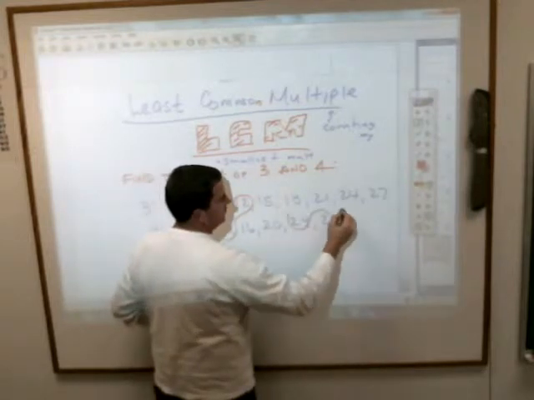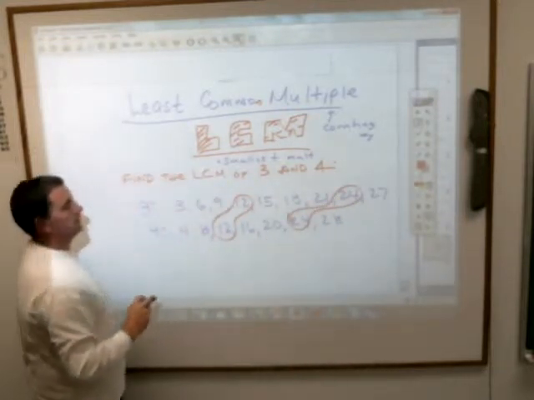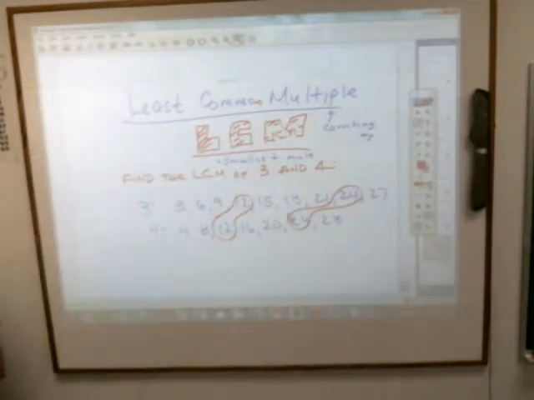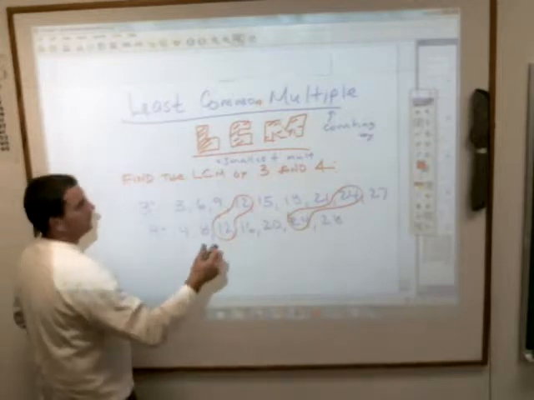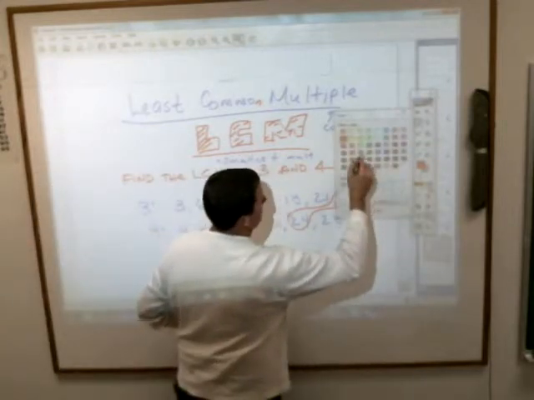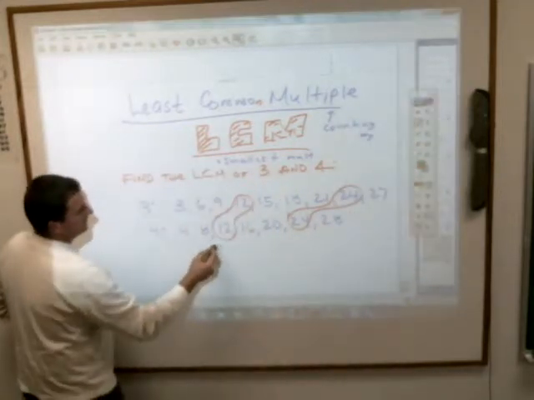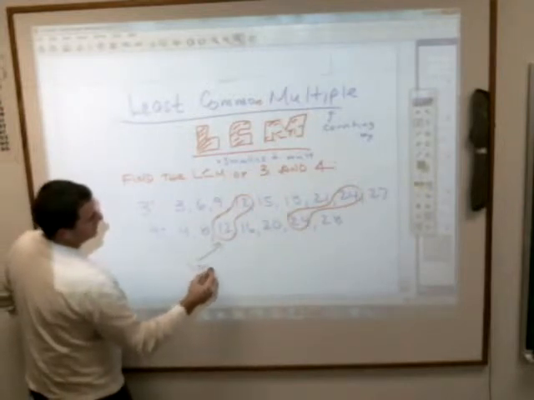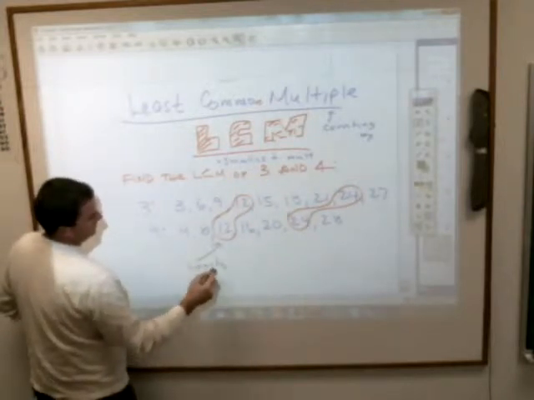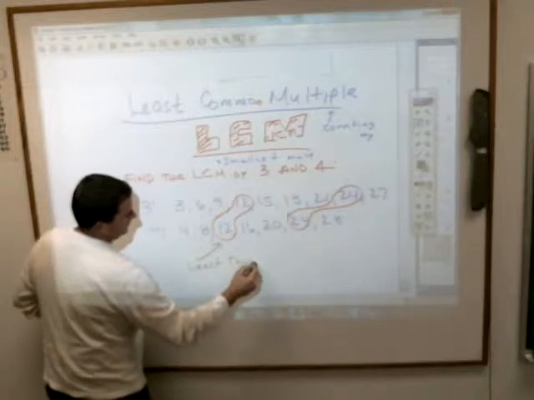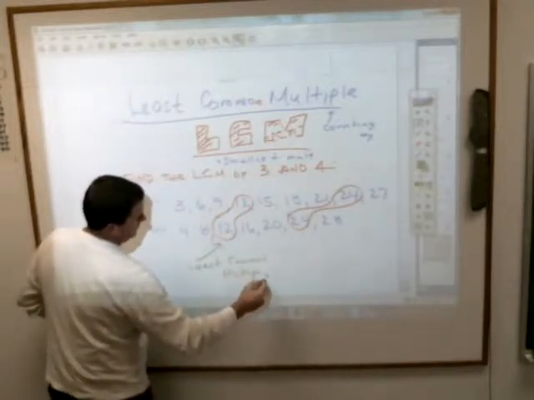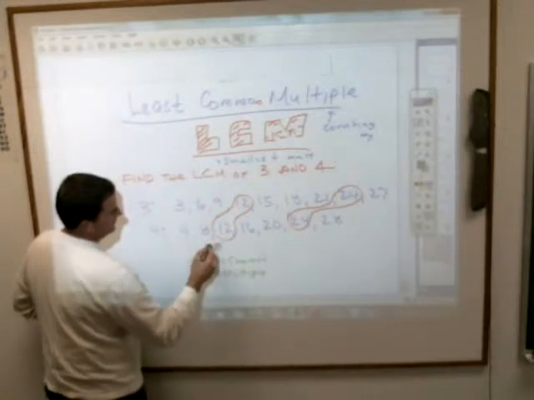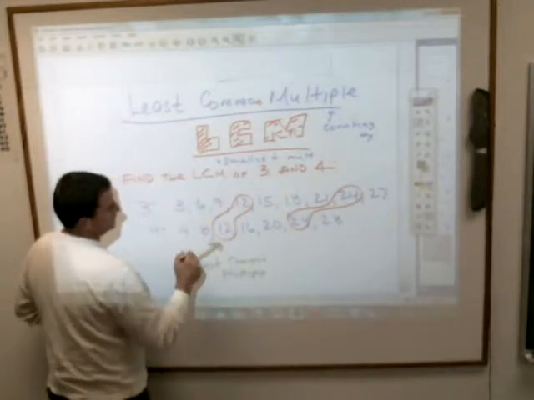I also have here 24, which is a common multiple. 36 will eventually be a common multiple, as will 72 and 48. Okay, but we are looking for the least common multiple, and that would be this. The least one is the smallest one. Okay, this is the least common one.